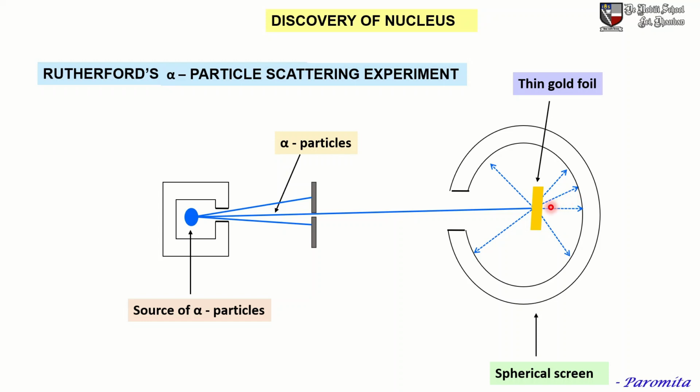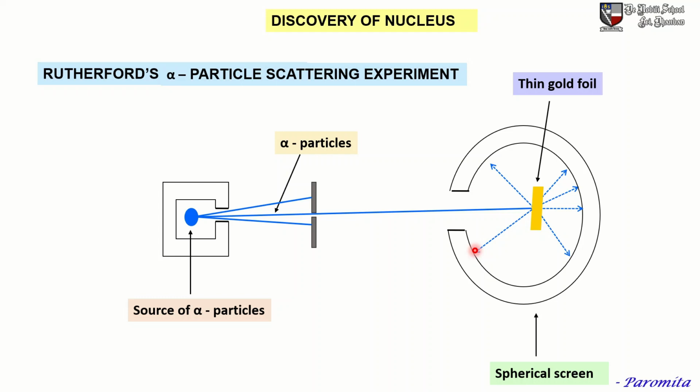The gold foil was surrounded by a circular fluorescent zinc sulfide screen. Whenever an alpha particle struck the screen, a tiny flash of light was produced at that point. A movable microscope was used to observe these flashes.